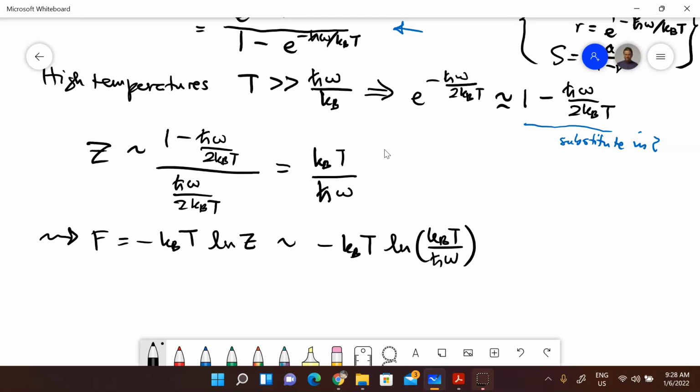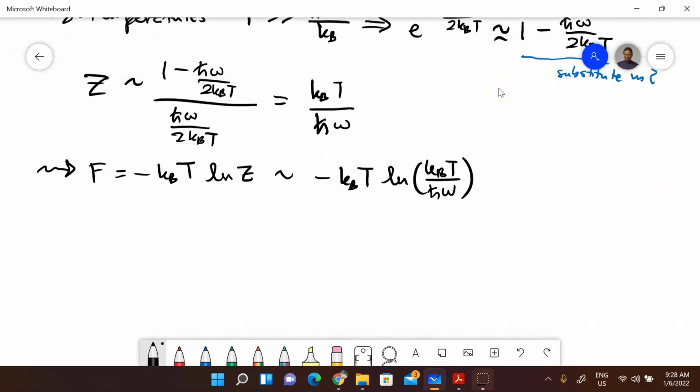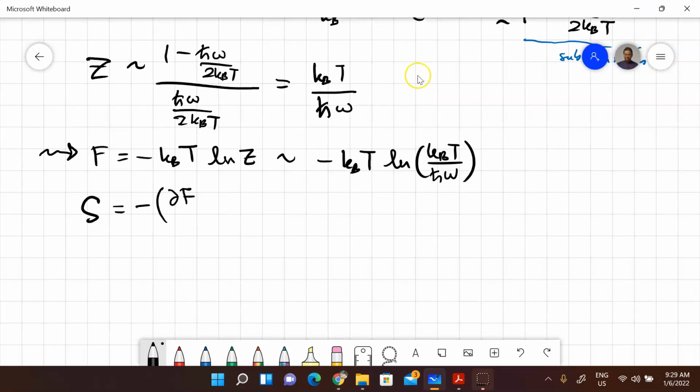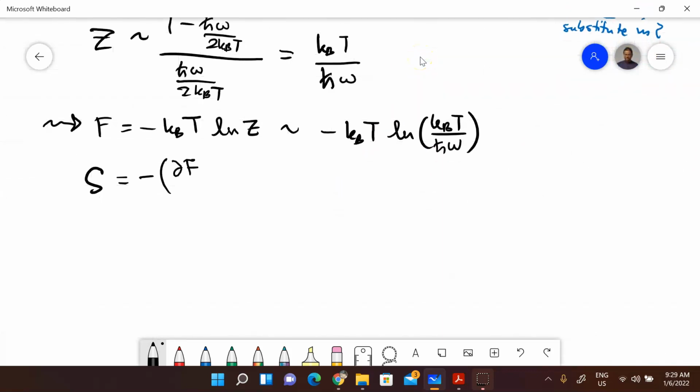So once you have your free energy, one could start writing down some thermodynamical variables like entropy, for example. Again, these are just pretty standard things that we are doing. Okay, like before, minus partial F, partial T. So one needs to differentiate that.